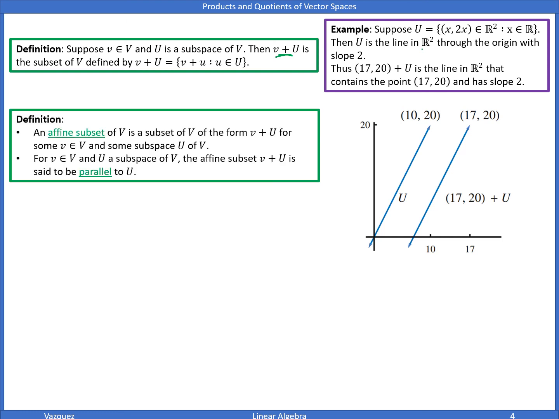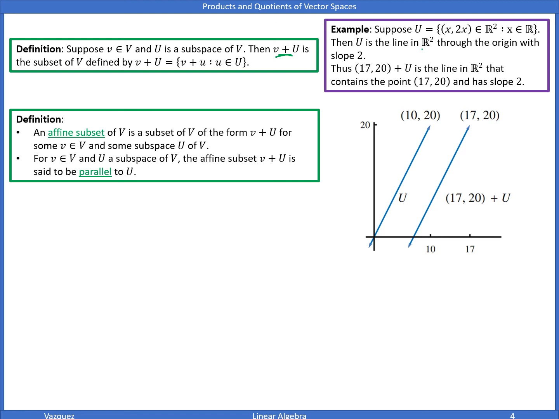So then we can define an affine subset, or affine, I've heard different pronunciations, of V is a subset of V of the form v plus U for v in V and some subspace U of V. And here's where we define parallel.